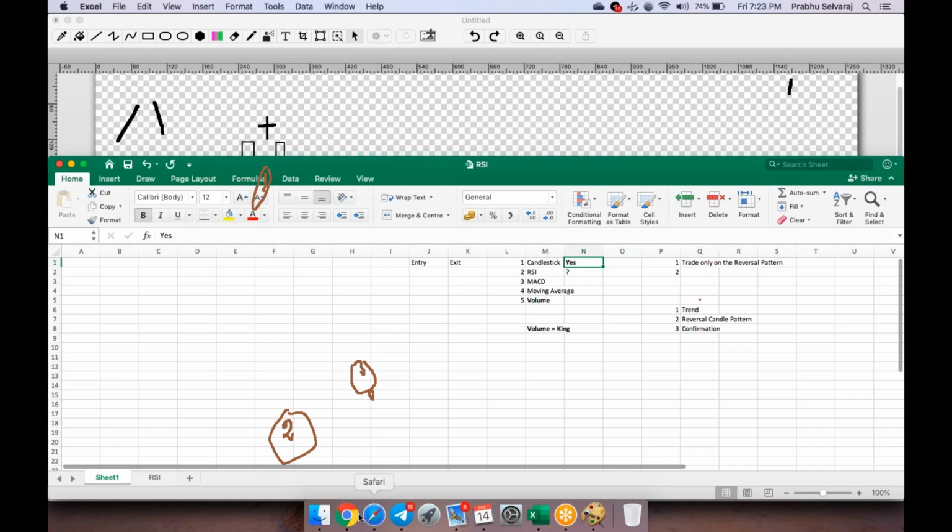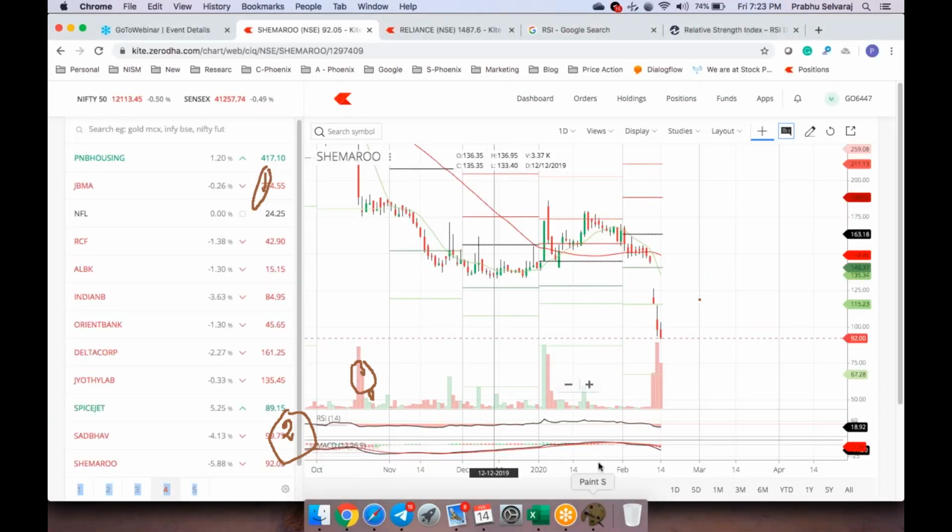So once you get a confirmation candlestick pattern, you have to come and check with Mr. RSI.